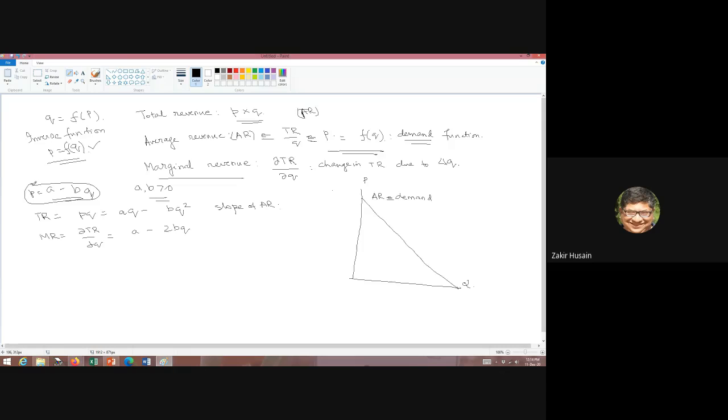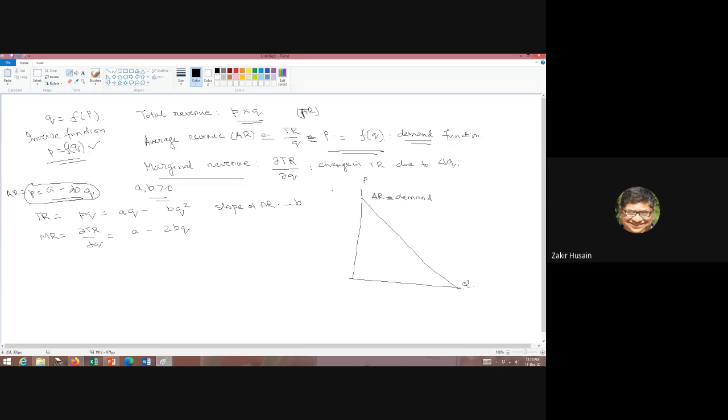Okay. Now, this is the average revenue function, right? What is the slope of this? Minus b.